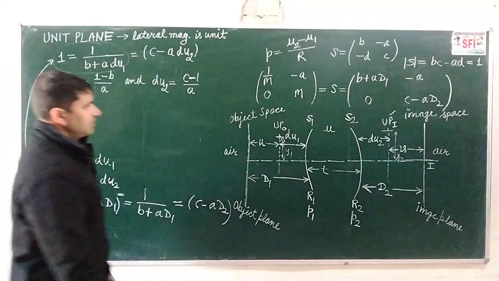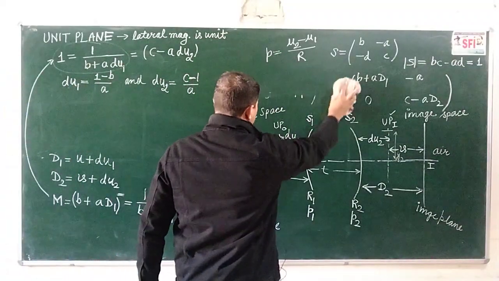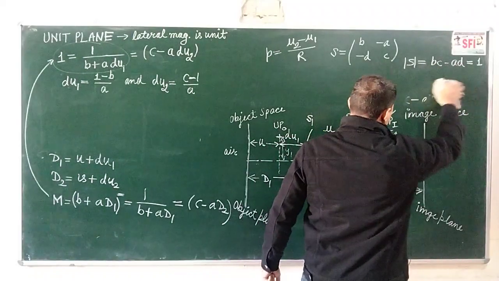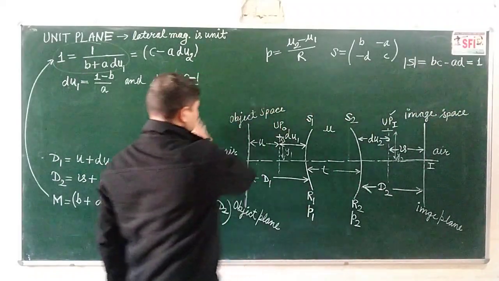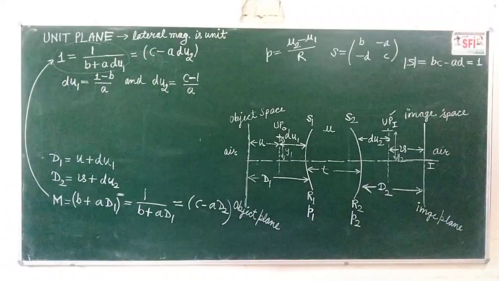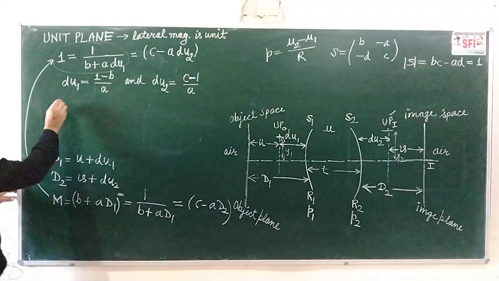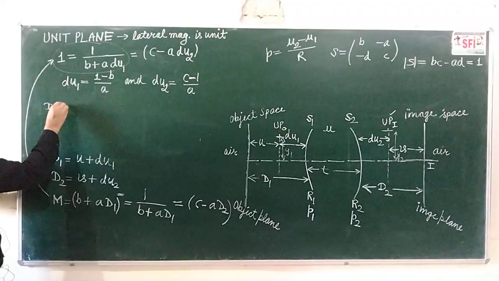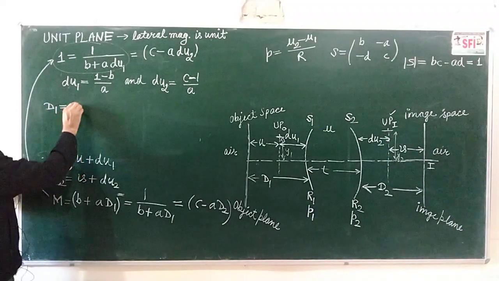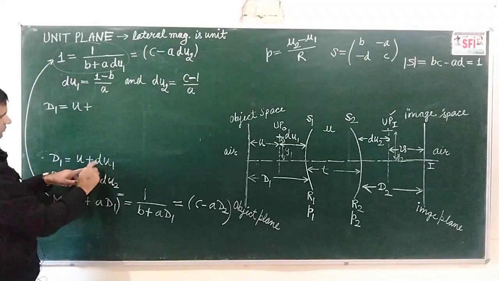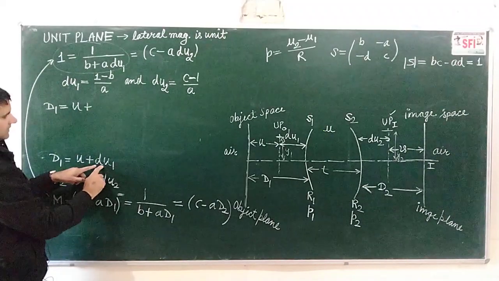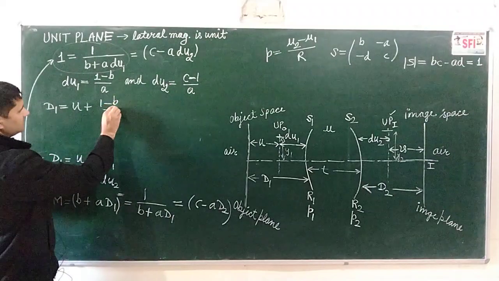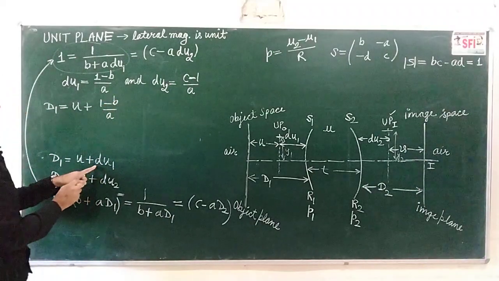Okay, we have to make use of this system matrix, so we can clear this space. Here we will find the value of d1. d1 is u plus du1, and du1 is 1 minus b by a.